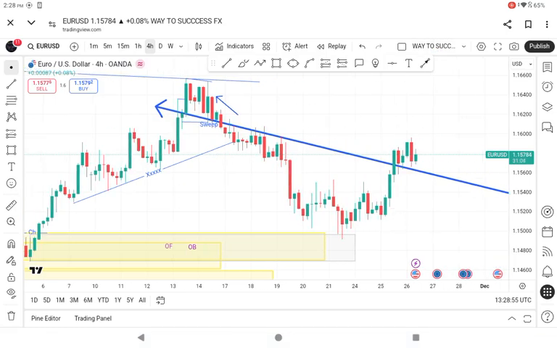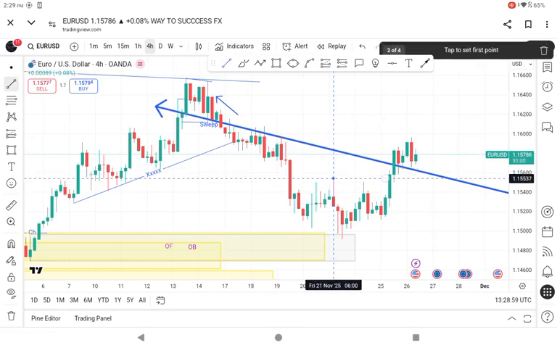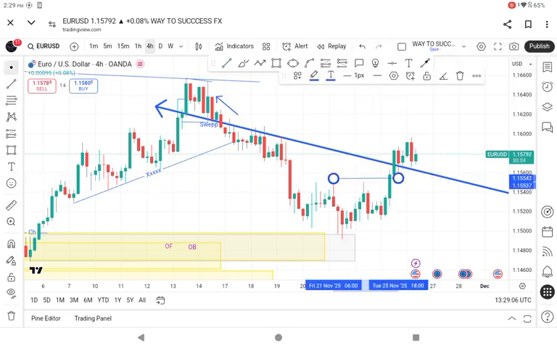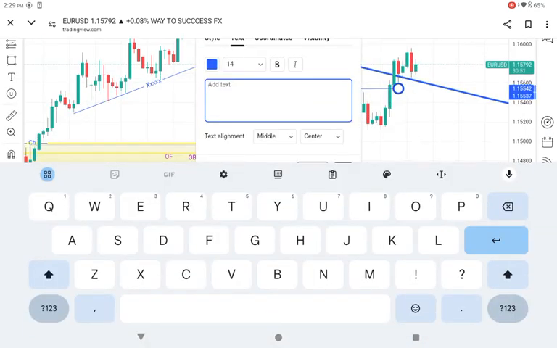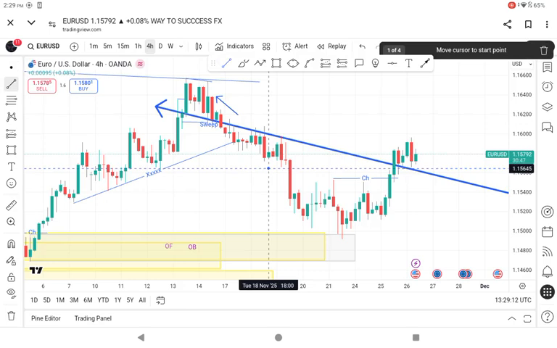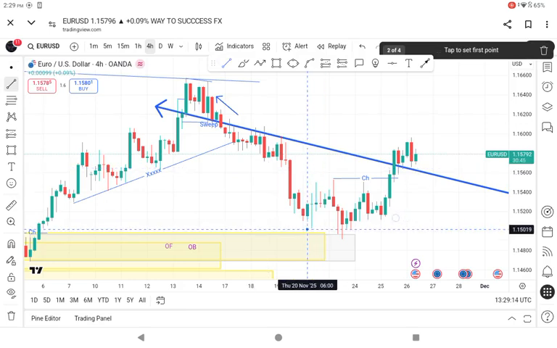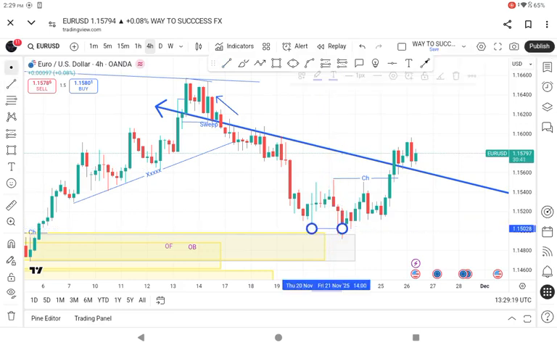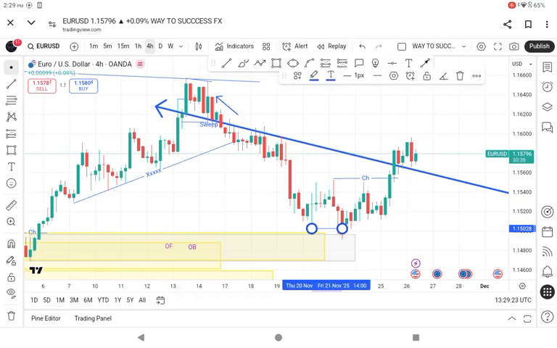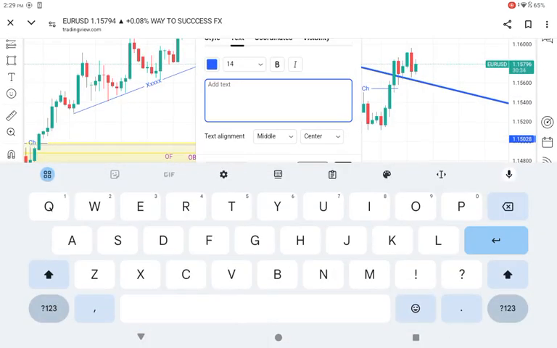Price mitigated them all. And now after the mitigation, we have another change of character here. And before this change of character, we have a liquidity sweep below this low.